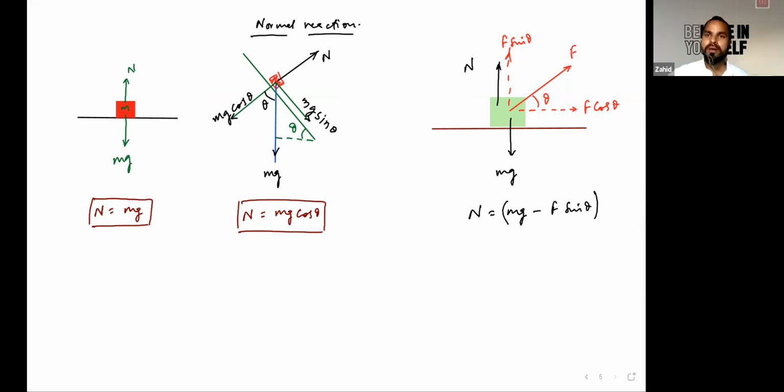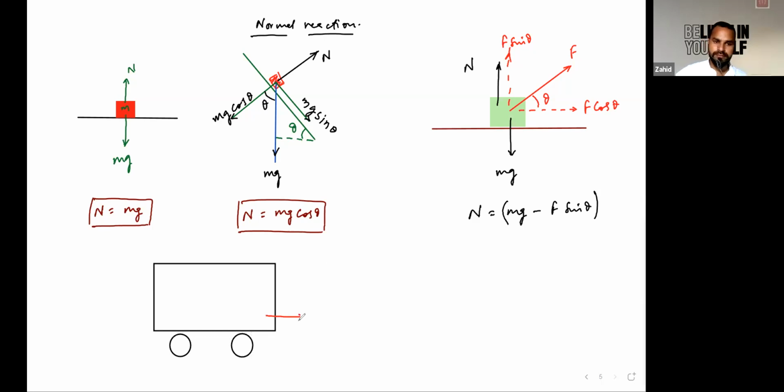Now I'm defining one more term related to this. Let's say there is a van going horizontally with some acceleration, let's say a, and there is a block attached to this surface at this point.